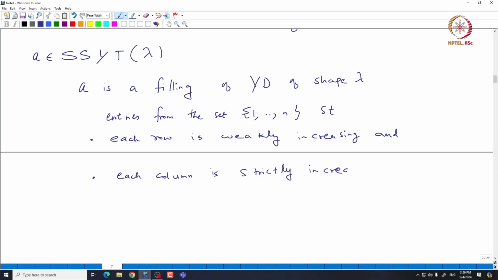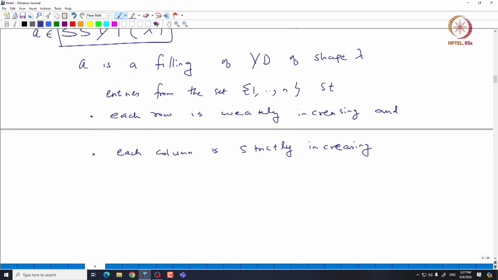This is the condition that you put on the filling. Such a filling is called a semi-standard Young tableau of shape lambda, and you collect all of them; that is the set that we have here. This is the set of all semi-standard Young tableaux of shape lambda, which is denoted by capital S, capital YT, of lambda.